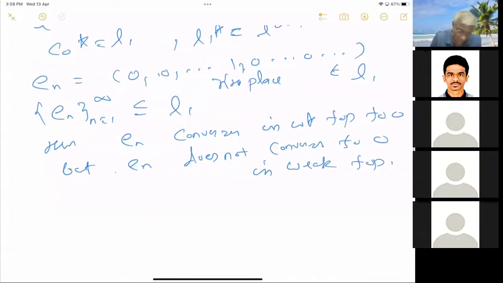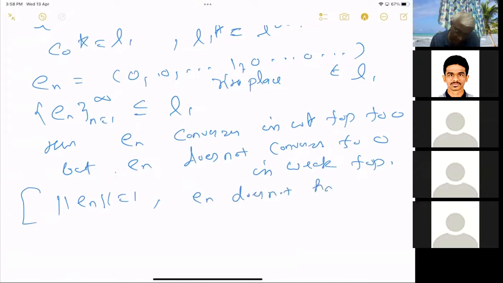This shows something more. The norm of En is equal to 1, so En is in the unit ball, and En in fact does not have any converging subsequence.